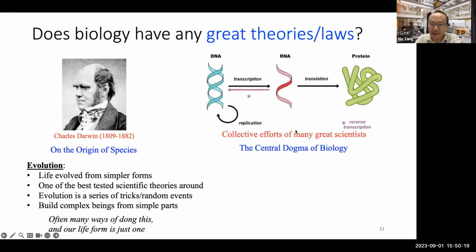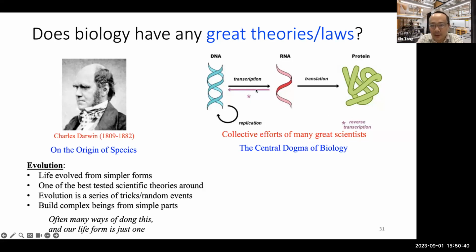The second one is called the central dogma of biology. This is a theory fundamentally applicable in the endothelial cell, muscle cell, neurons, fibroblasts, all those cells. This is the law I'm talking about. It should be universal.